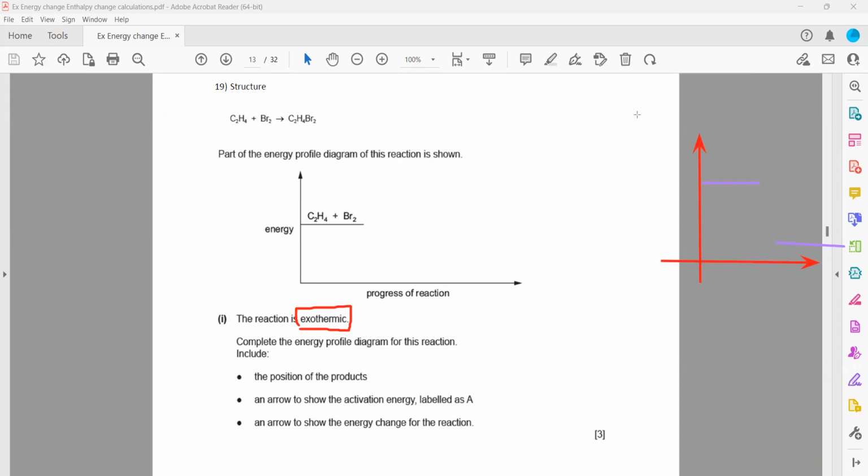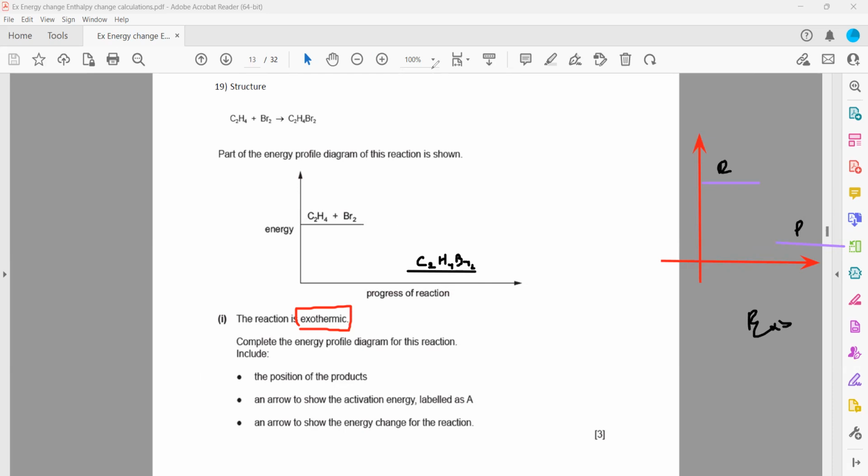So the position of the product should be at the bottom, and it is C2H4Br2. First, the position of the product: because in exothermic reactions the reactants have high energy and the product has low energy. Then show an arrow for activation energy.